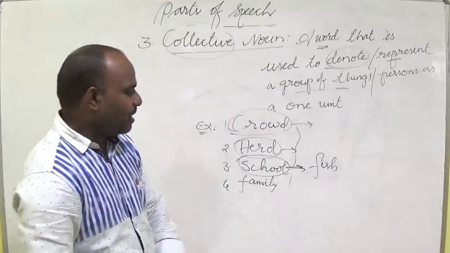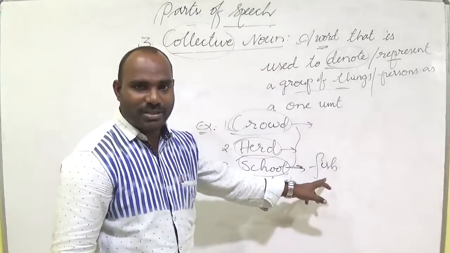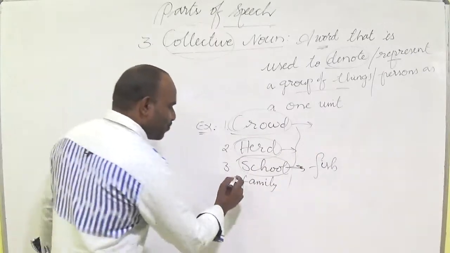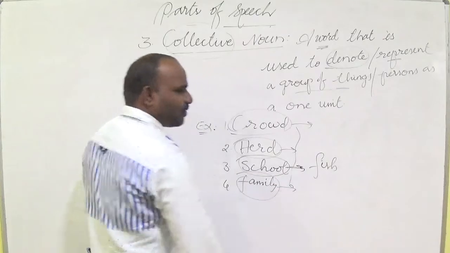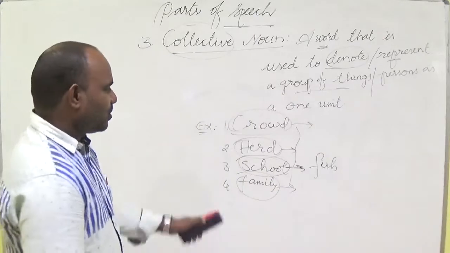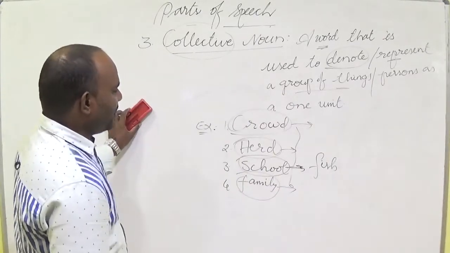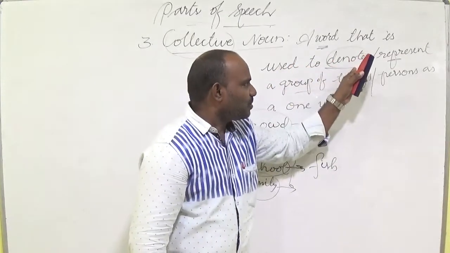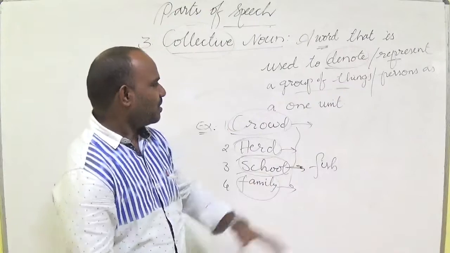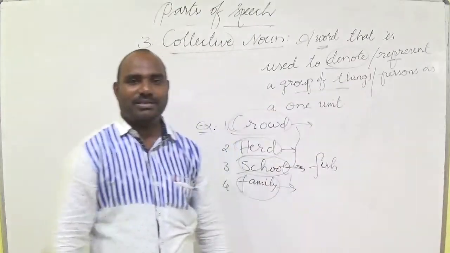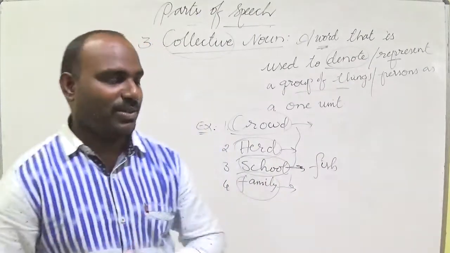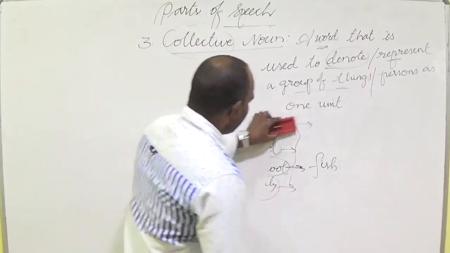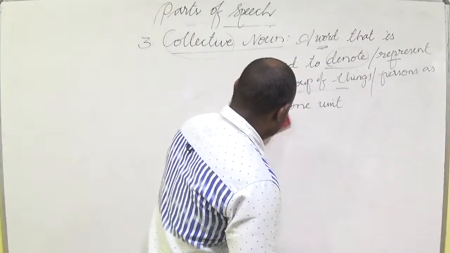To represent a group of fish together as one, we say school of fish. And family, a group of people in a family. So collective nouns mean a group. It's a word used to denote or represent a group of things or persons come together as one unit. I'll give you some examples of this.